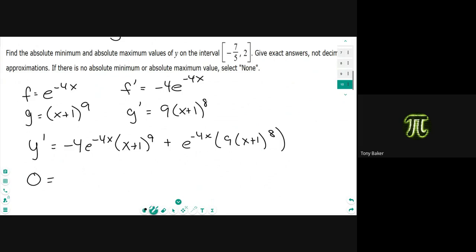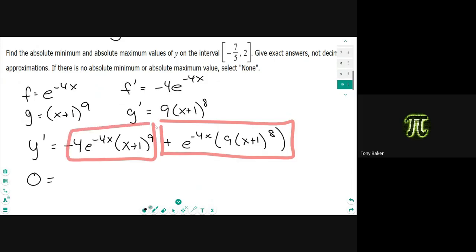Whenever you have a problem that's really messy, like this one, look and see if you can pull things out. So what's the same here and here? I have e to the -4x in both of them.